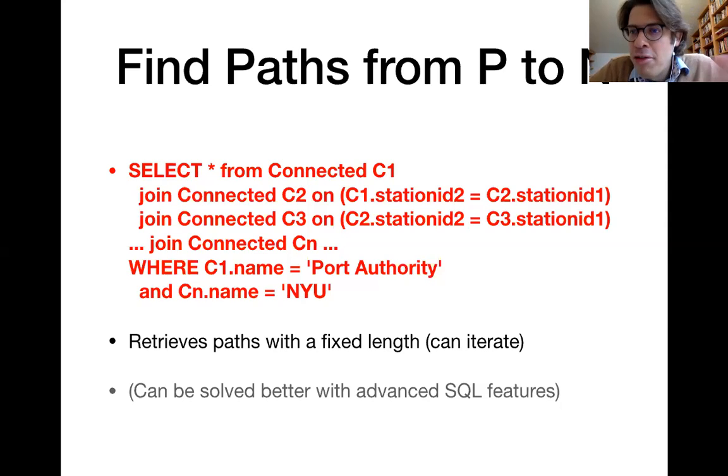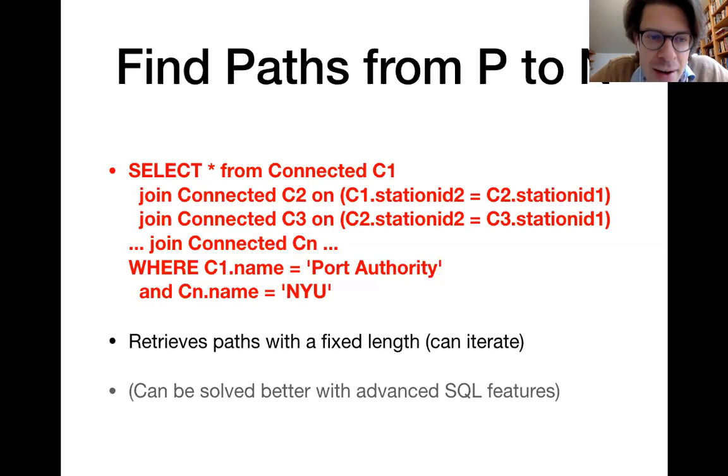I have those self-joins of the connections table, where I'm always making sure that I connect the second station in the last instance of the connections table to the first of the 2 stations in the next instance of the connections table. So this whole thing forms essentially a chain of joined tables.